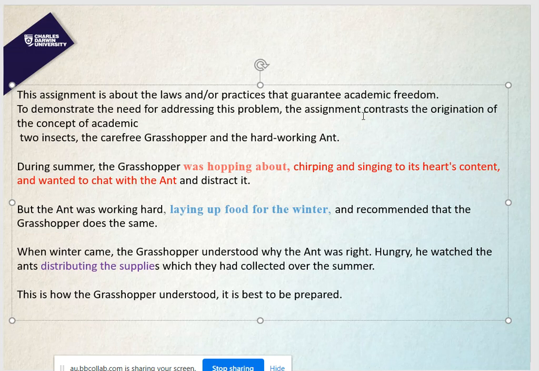The assignment contrasts the origination of the concept of academic freedom and what? Against what? Against its current, so against how it's currently used or utilized, of the concept.